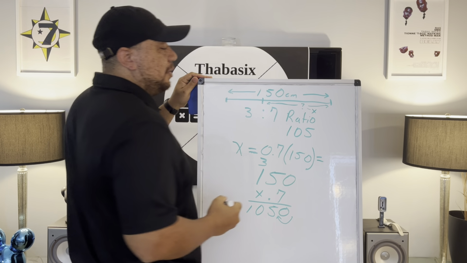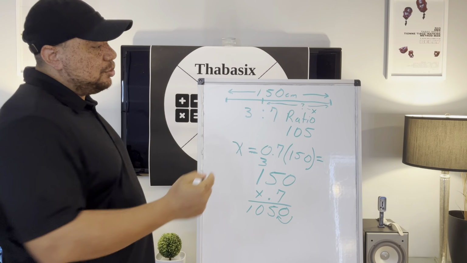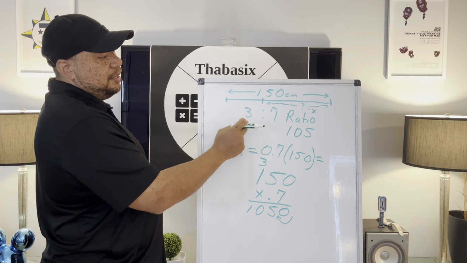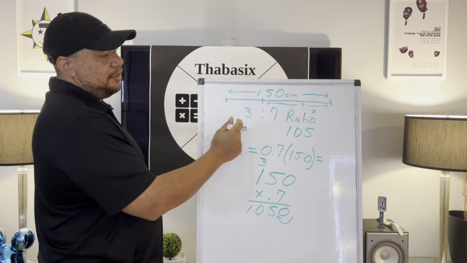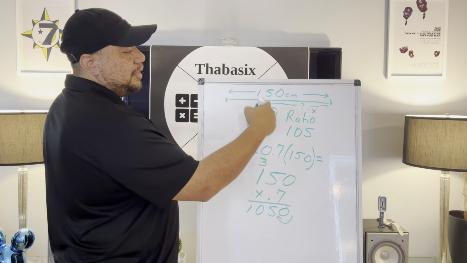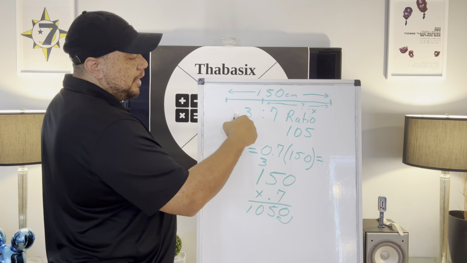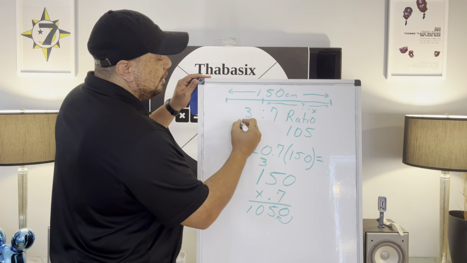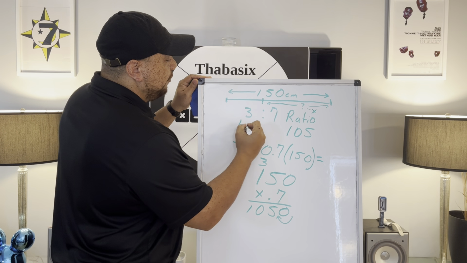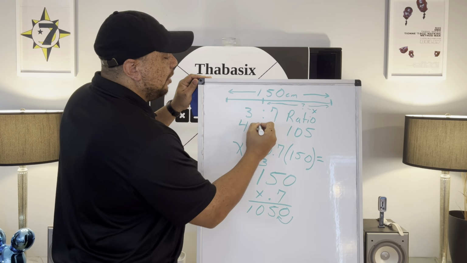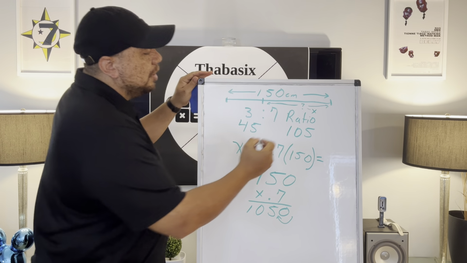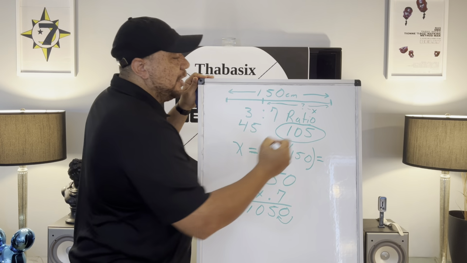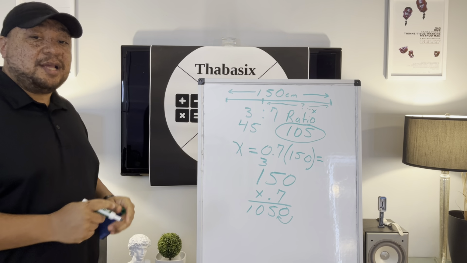Now we have two ways to get the other side. We could take 105 away from 150 and get 45, or we could multiply 3/10 or 0.3 times 150 and still get 45. So we got both sides, but the answer, I'm going to circle it. If they're asking for the longer side, just give them the longer side, 105.